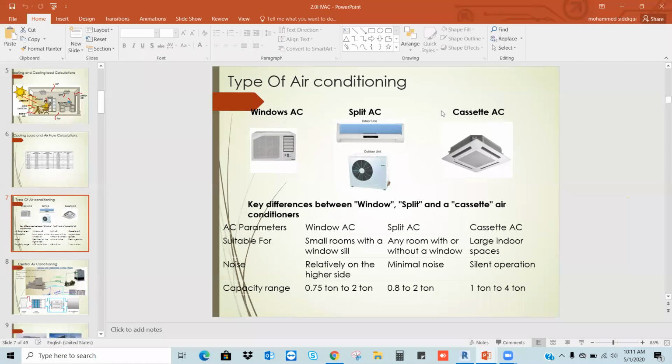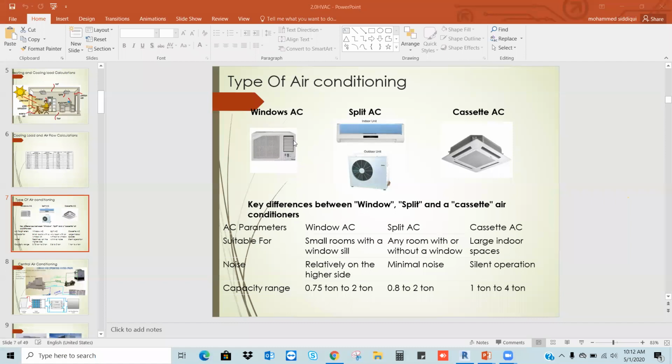If you see this slide, here we have the window AC, split AC, cassette AC. Let's say I'm using a window AC in my residential building.